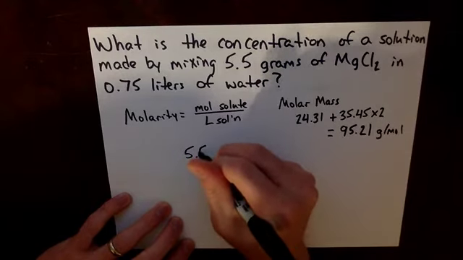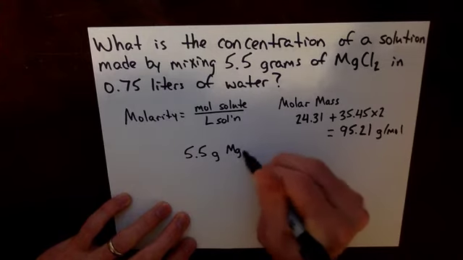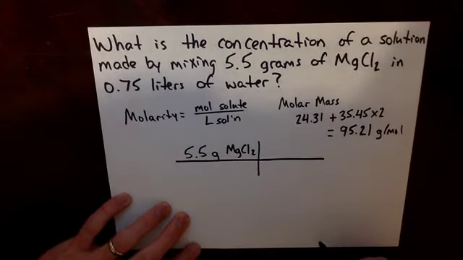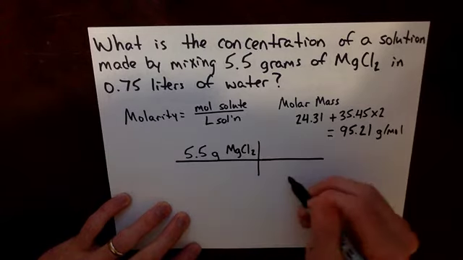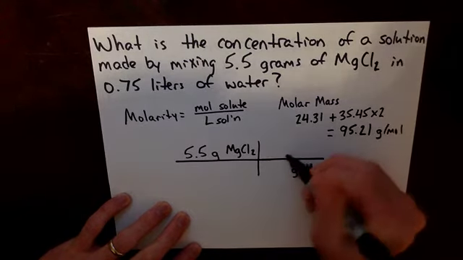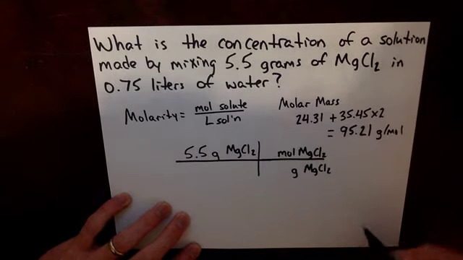So now we can use dimensional analysis to go from grams of MgCl2 to moles of it. Put what you're starting with on top. We've got 5.5 grams of MgCl2, and we want to take that to moles. So since I want grams to cancel, I'll put grams of MgCl2 in the bottom, trying to get to moles of MgCl2.